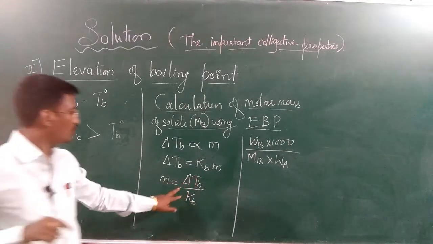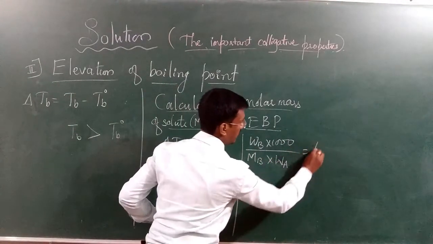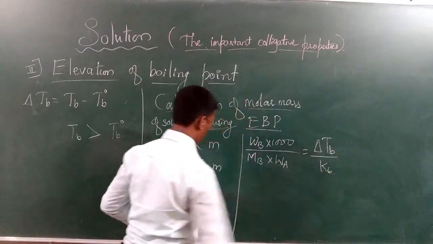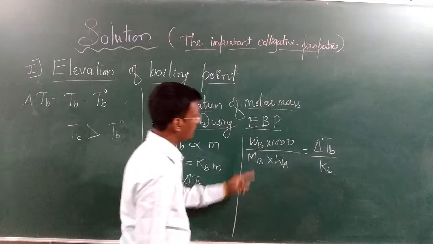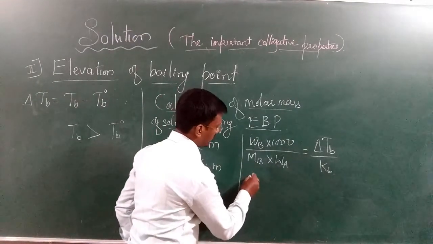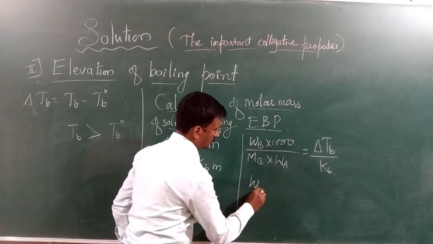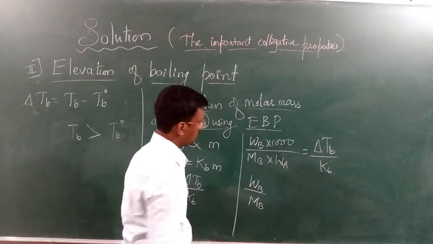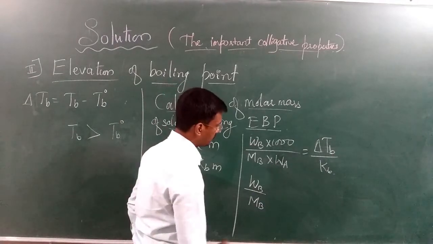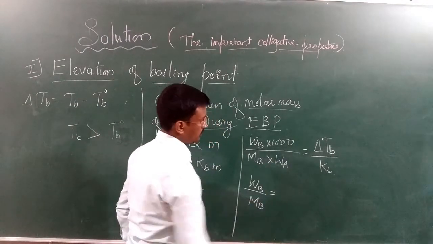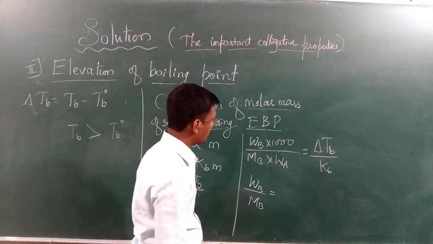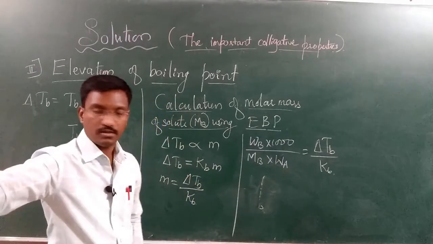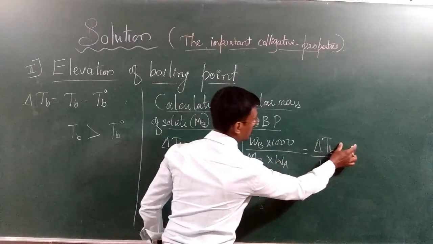So that is equal to delta TB divided by Kb. What you need is MB. Just keep WB upon MB as it is. You just take this MB to this side.